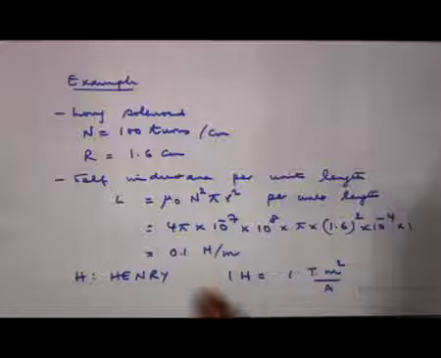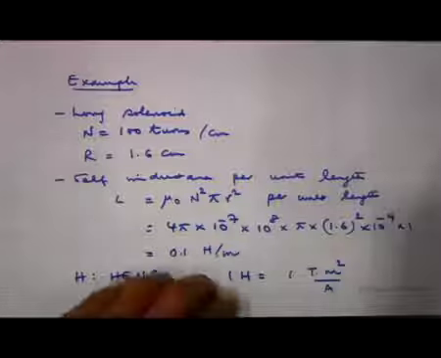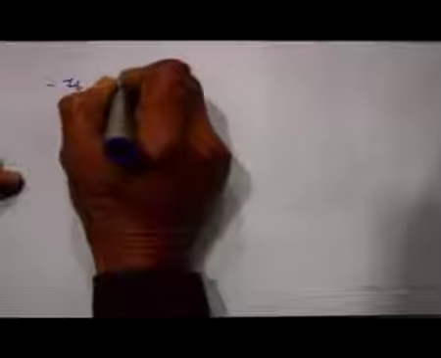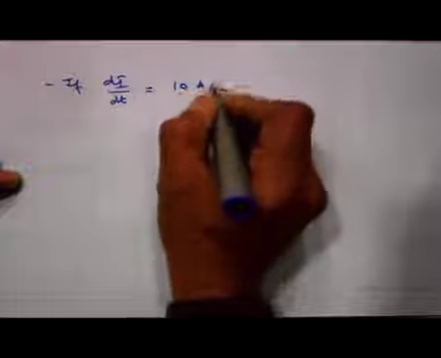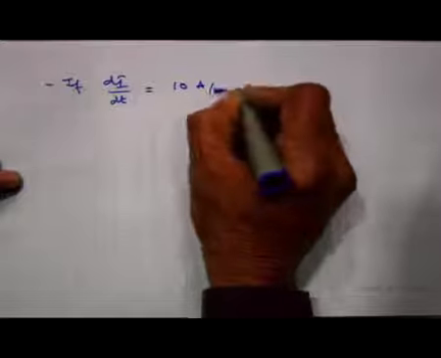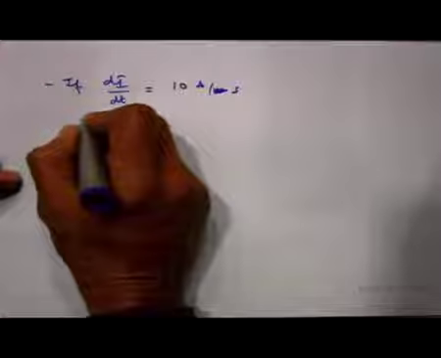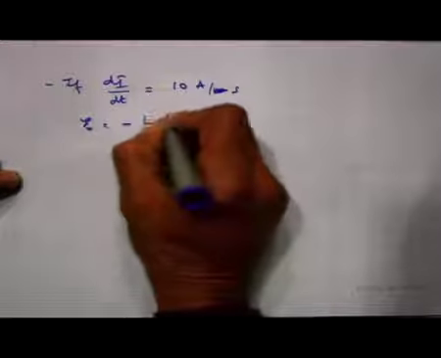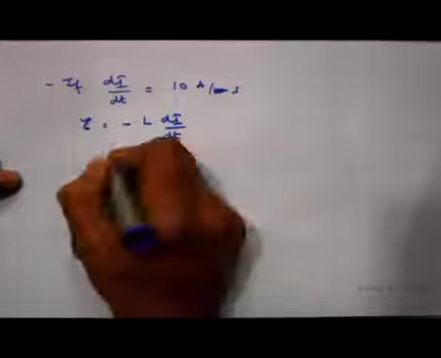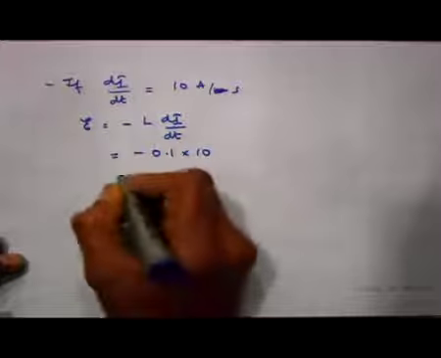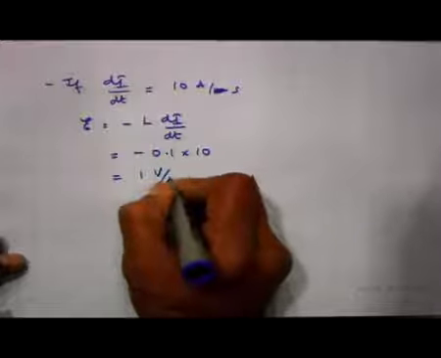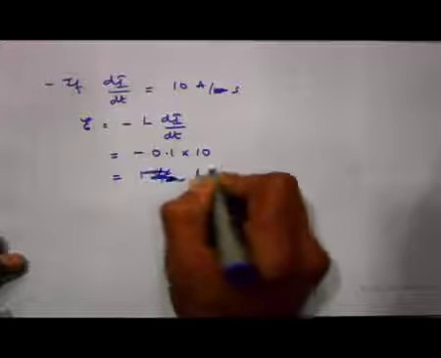So this self inductance is about 0.1 Henry per meter, and if I were to change the current, if dI by dt is equal to 10 amperes per meter per second, then the induced EMF will be equal to minus L dI by dt, which is minus 0.1 into 10, which is equal to 1 volt.